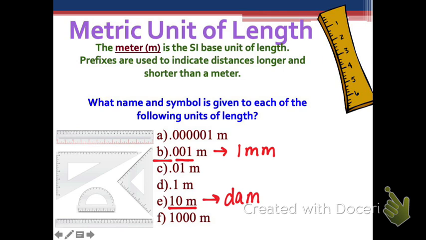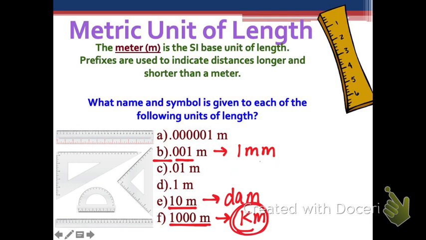And then what unit right here would be matched with 1,000 meters? Kilo. Very good. Kilo means 1,000. That's a really common one we should probably know, and millimeters is a common one we should know.